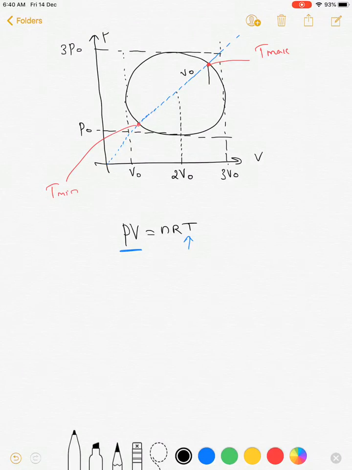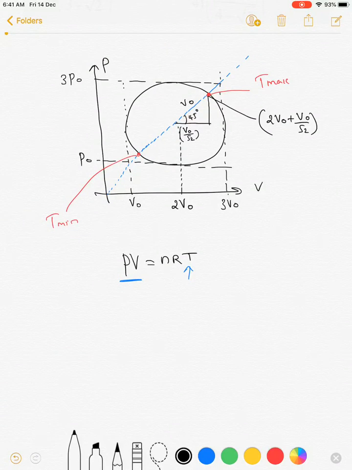We can find its x coordinate, where it is making an angle of 45 degrees. The component of V naught along this direction is V naught cos 45, that is V naught divided by root 2. So the x coordinate of this point is 2V naught plus V naught divided by root 2.